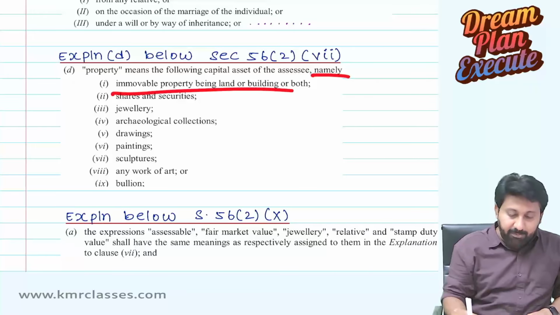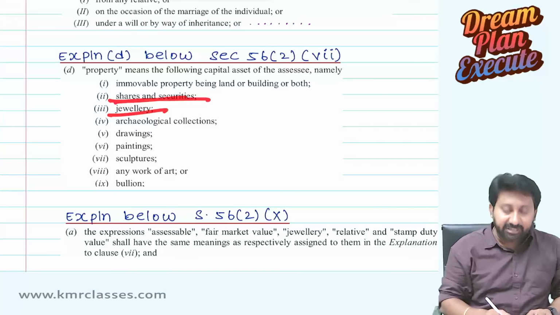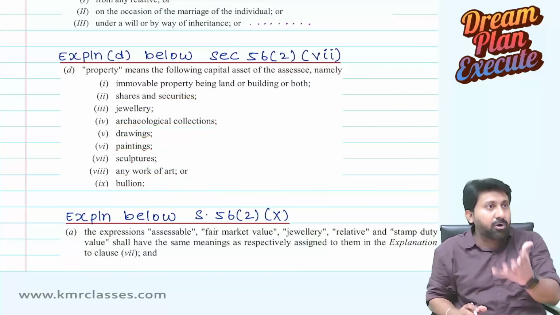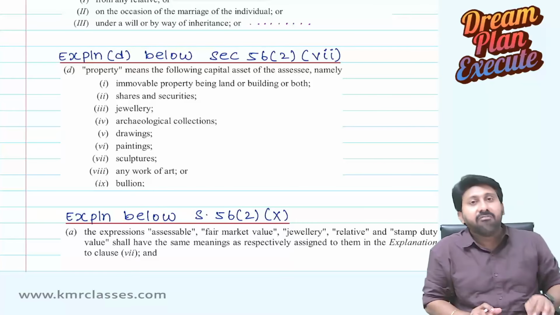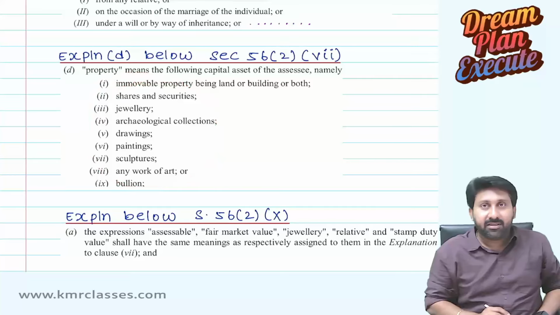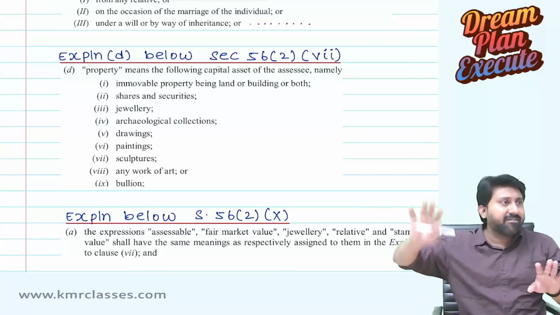Namely, immovable property, shares, securities, jewelry, archaeological collections, drawings, paintings, and bullion, meaning raw gold, silver, etc. All these things will be treated as property. Only these will be covered. Personal effects are not attracting capital gains, and they are not attracting this either.